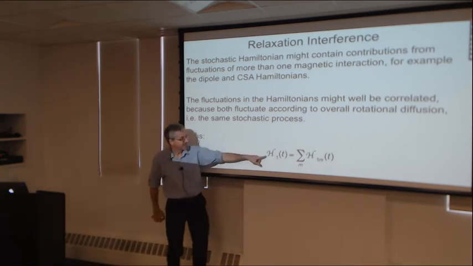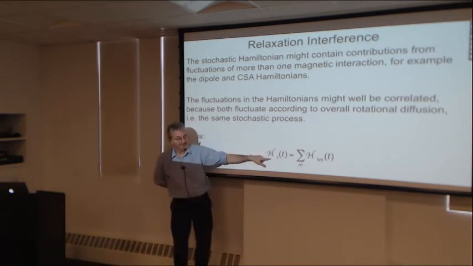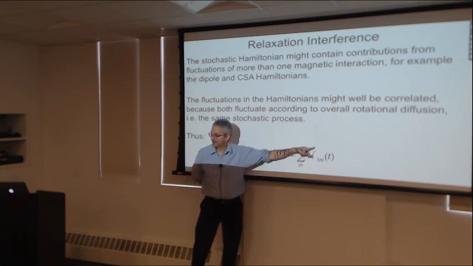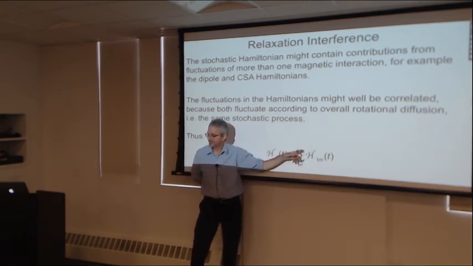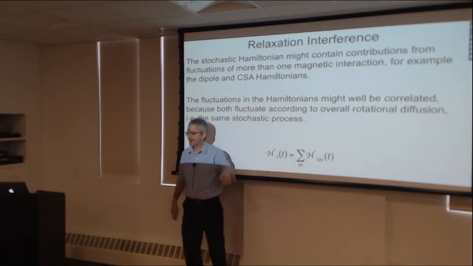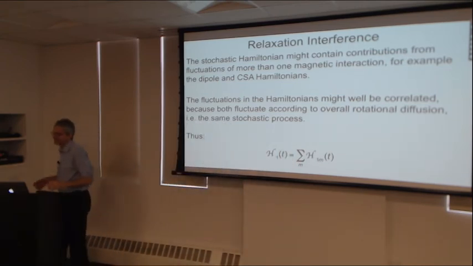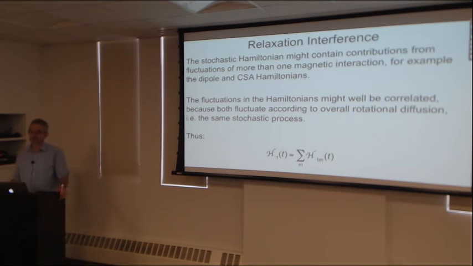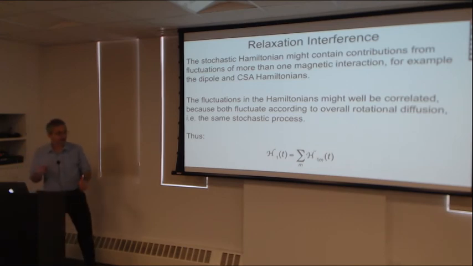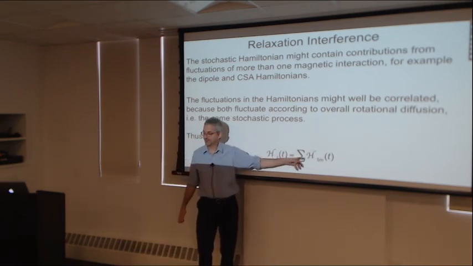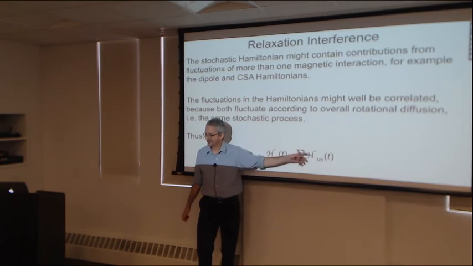So basically, our fluctuating Hamiltonian has to be the sum of all the Hamiltonians affecting a given spin. In this case, this would be a sum of two, the dipole interaction and the CSA interaction. One can imagine a much more complicated situation. If we were to talk about, say, a methyl group and relaxation of a carbon-13, this sum could include the CSA of the carbon-13 plus interactions with each of the three attached hydrogens.